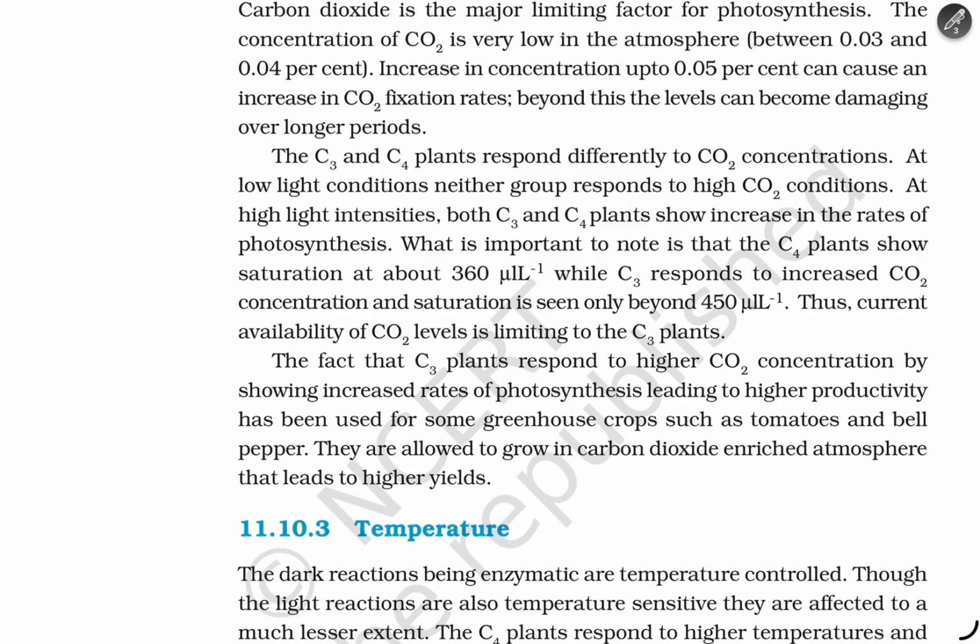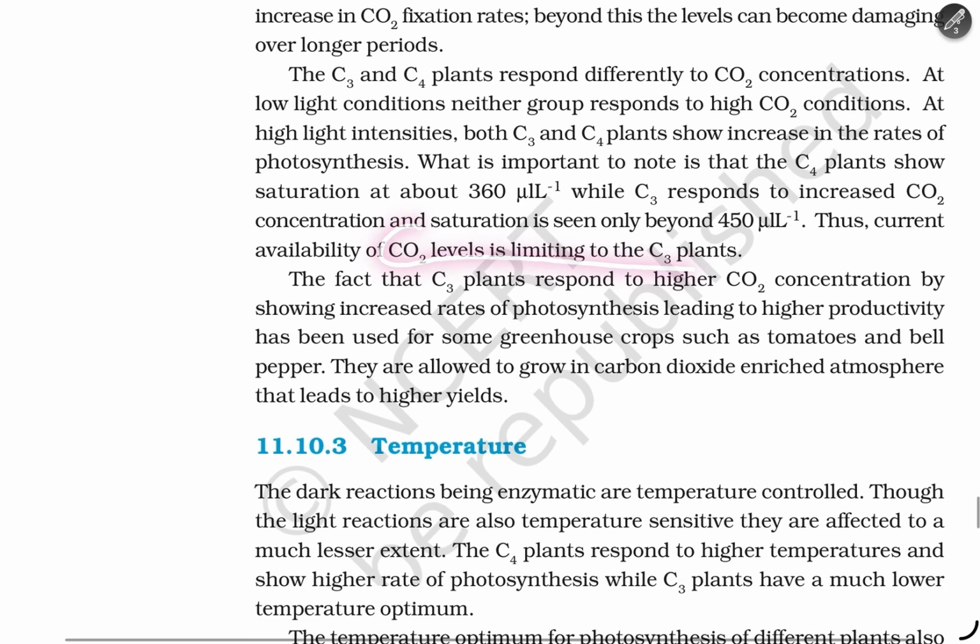What is important to note is that the C4 plants show saturation at about 360 µl per litre, while the C3 plants show increase in photosynthesis until the CO2 concentration reaches about 450 µl per litre. Thus, the current availability of CO2 is limiting to C3 plants.